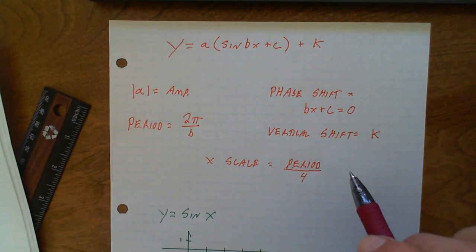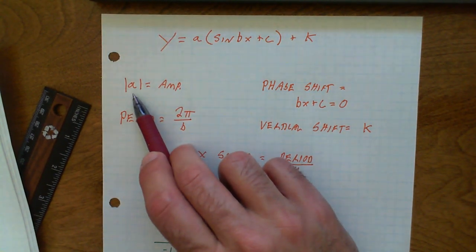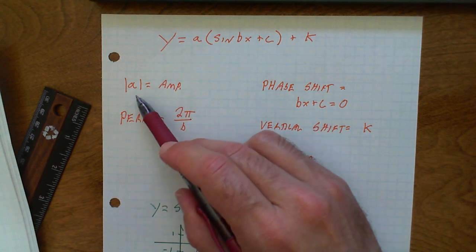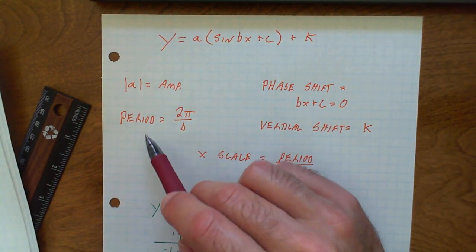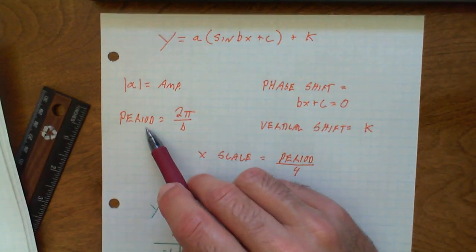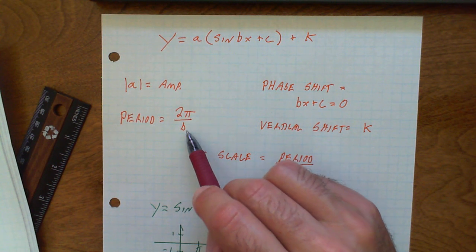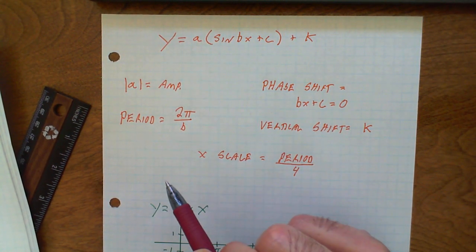Now, here's how we're going to calculate these. The amplitude is going to be the absolute value of A. That's from the midline to the very top. The period, how fast does it go around the unit circle, will be 2 pi divided by B. Just calculate it and that'll give you the period.